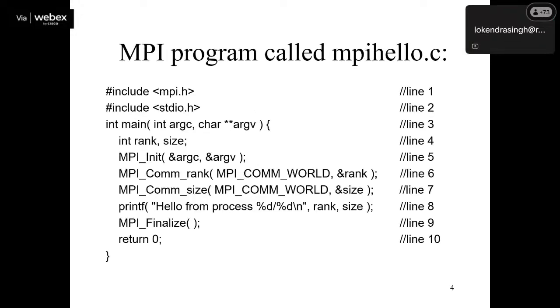So first of all, I will start with a simple program of MPI. Then further we will discuss the environment of MPI programs: how can you write the MPI programs, and how can you run the MPI programs. MPI is an API, application programming interface.